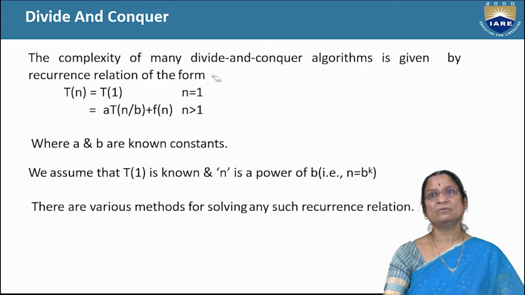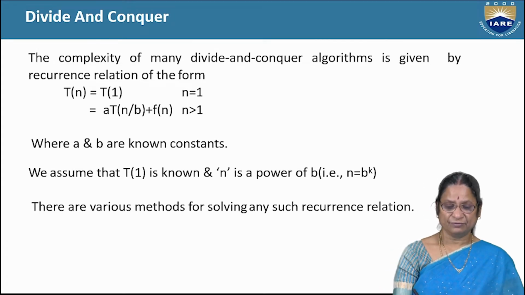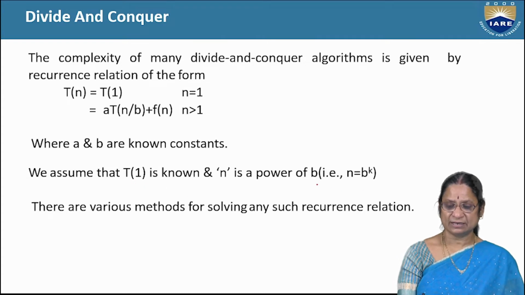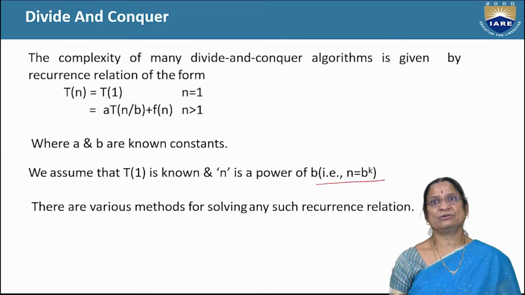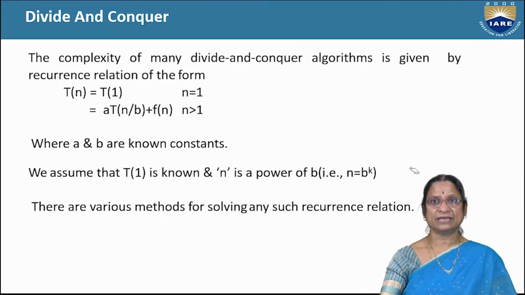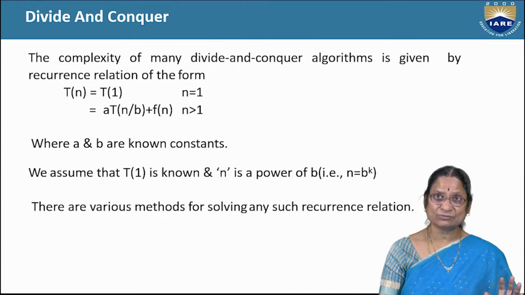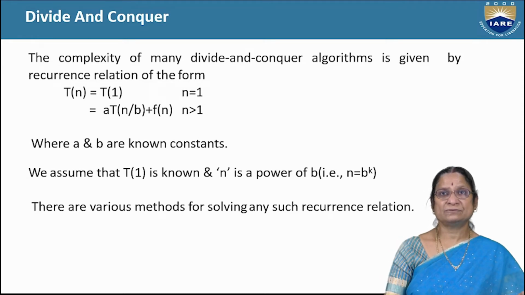Depending upon the problem, we are going to divide our list into 2 sublists or 3 sublists or 4 sublists, etc. That's why T(1) is for n = b^k. Whatever the value of b, n is going to be represented as a power of b, b^k. In such cases only we can divide our problem into b subproblems actually.